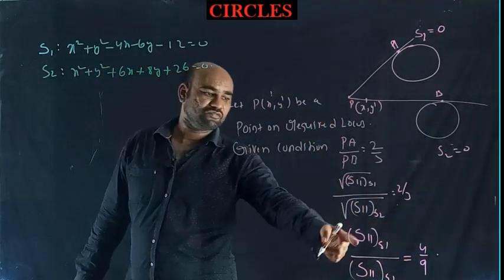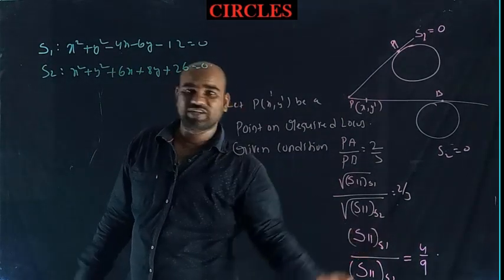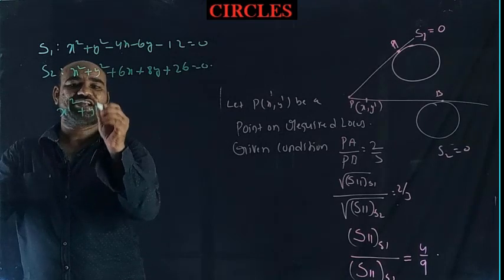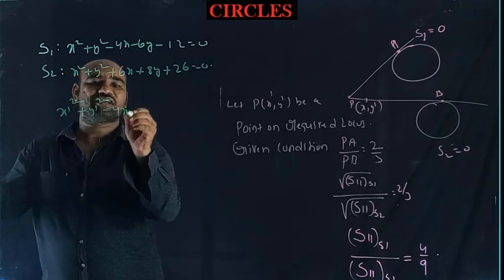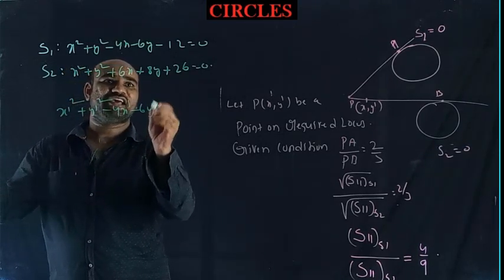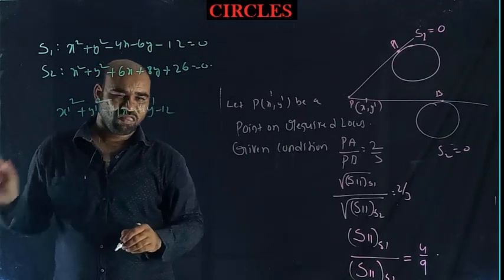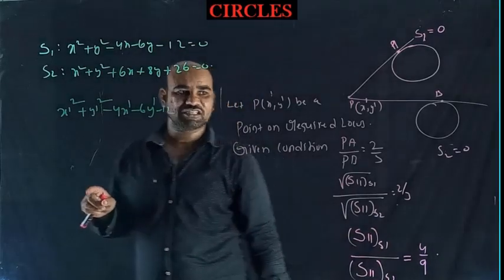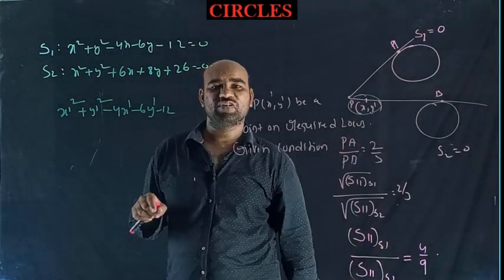Now S11 for circle S1 is nothing but x'^2 + y'^2 - 4x' - 6y' - 12. Just now explained, already you know how to find S11. You just need to substitute this point x', y' in the given circle.